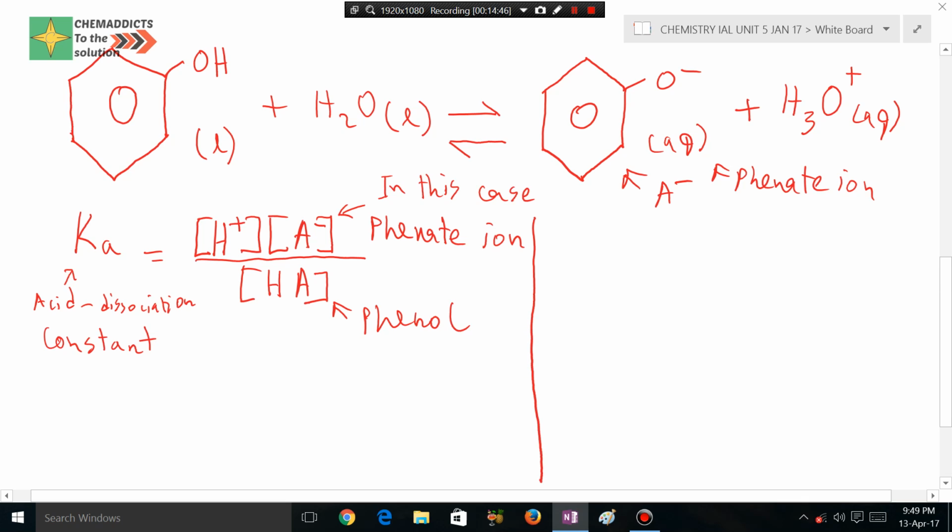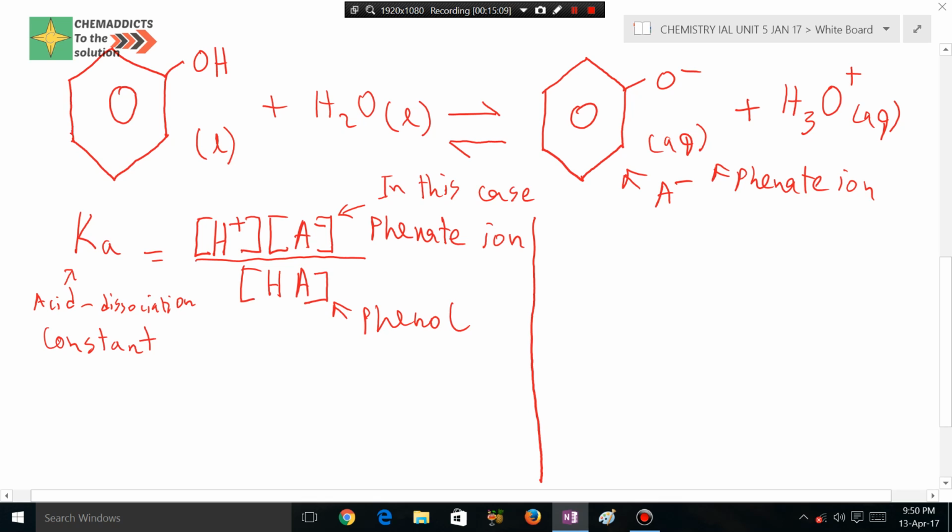Basically we don't write this thing. Here we actually want to find the pH of the solution. In order to find the pH, we need the H plus ion; we don't need this, so we want to eliminate it.